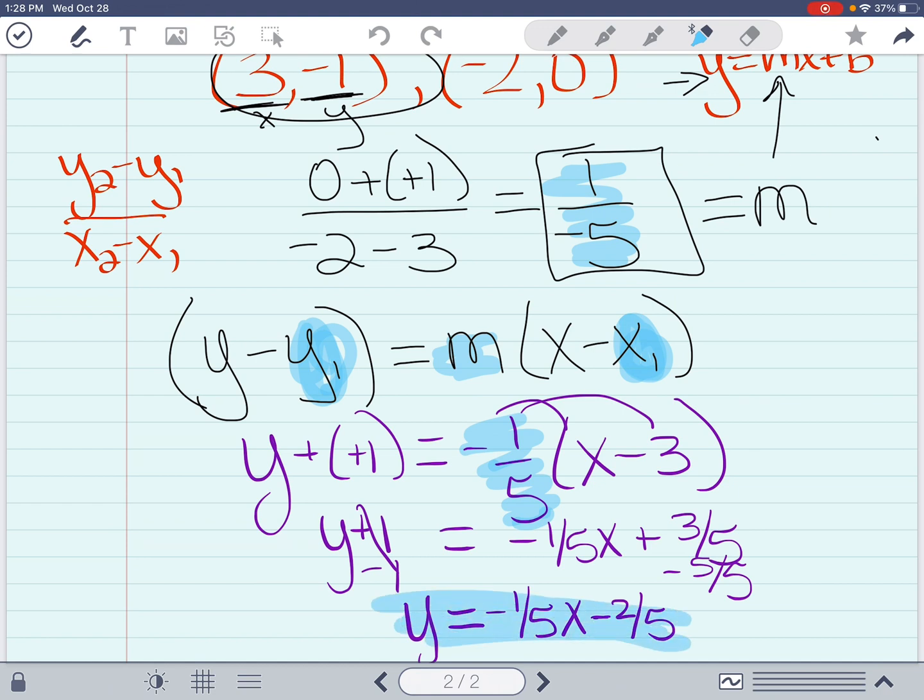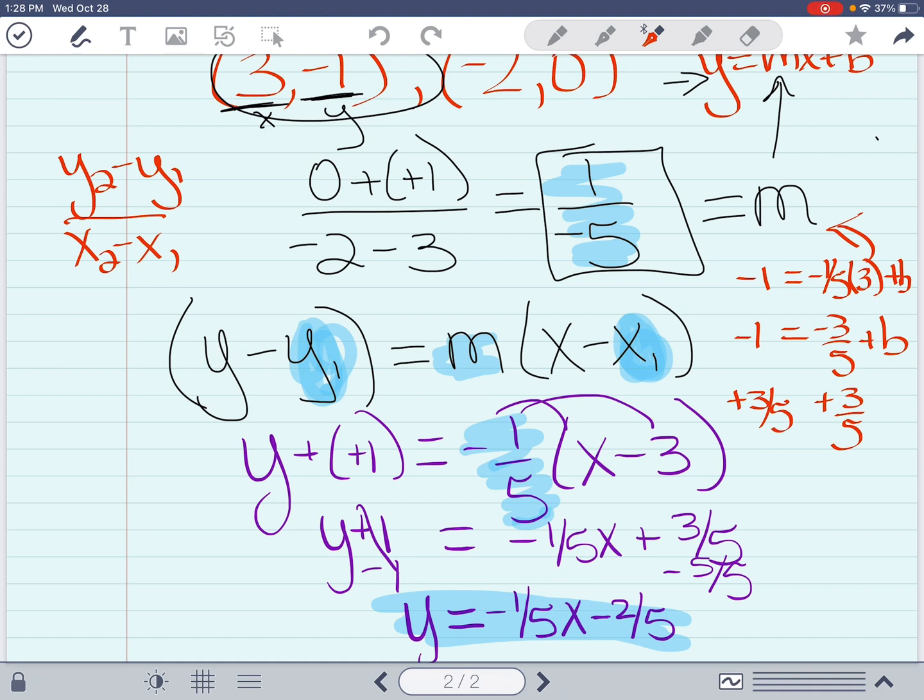Otherwise, you could go ahead and calculate the slope like we did here, and then just use one of the ordered pairs in the slope-intercept form. For instance, we would plug in negative 1 for y, negative 1/5 for slope, 3 for x, and we're trying to figure out the y-intercept, so we do the calculation on the right, and then we add 3/5 to isolate the b.